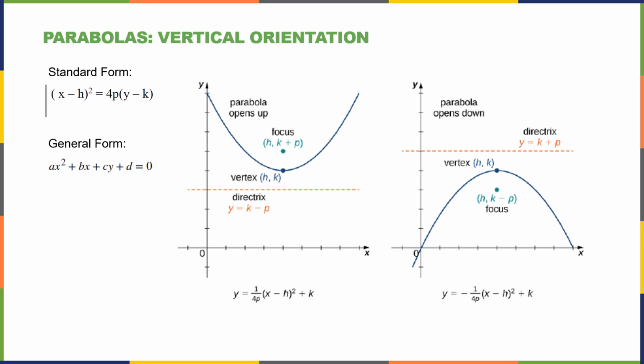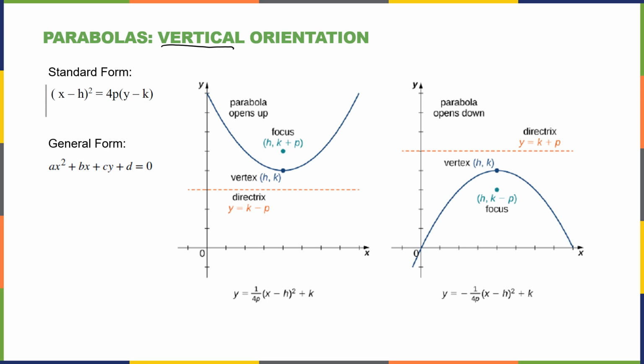Before we do that, just to clarify a few more examples or general explanation, in a parabola with a vertical orientation, the standard form of the parabola has the variable x isolated in a squared expression, and that is equal to 4 times p times (y minus k).